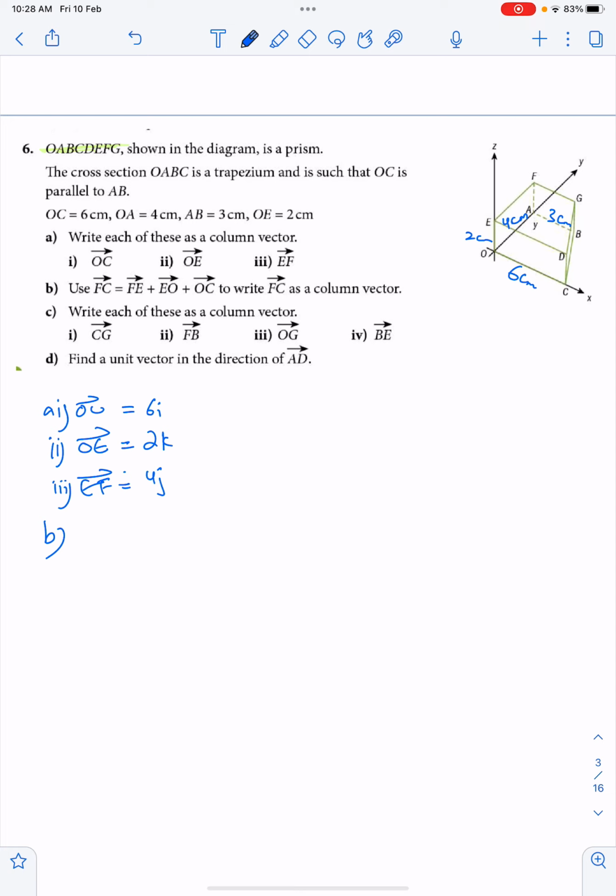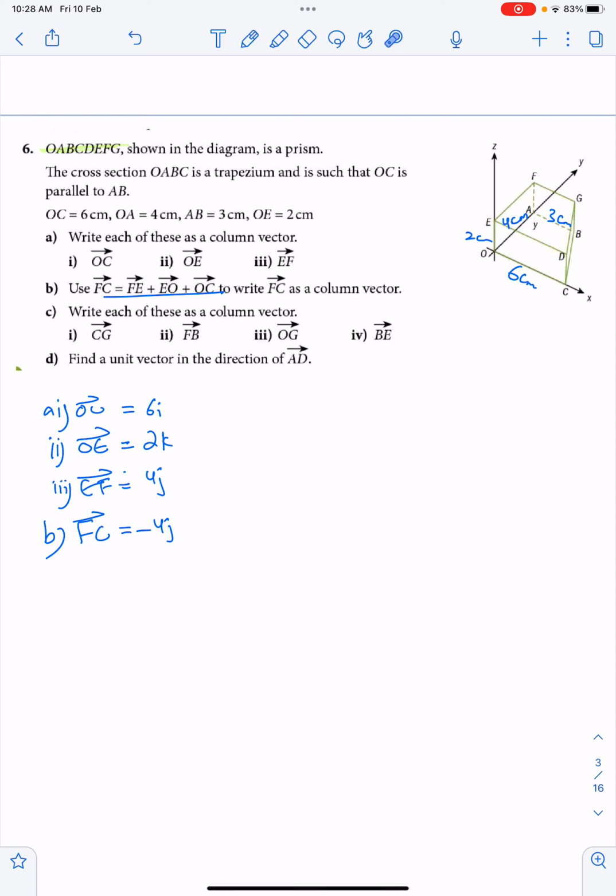The B part, use FC equals FE plus EO plus OC. If you want to go from F to C, you will take FE plus EO plus OC, and you have to define FC now. I'm just writing it in short. FE is going to be minus 4j.